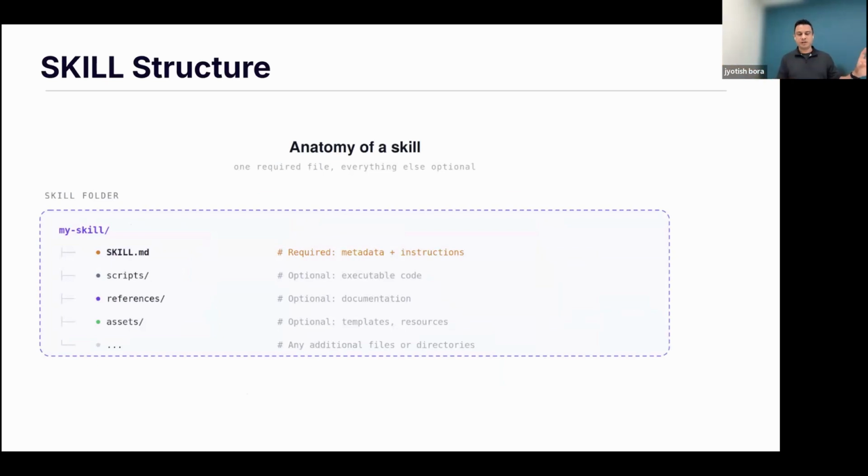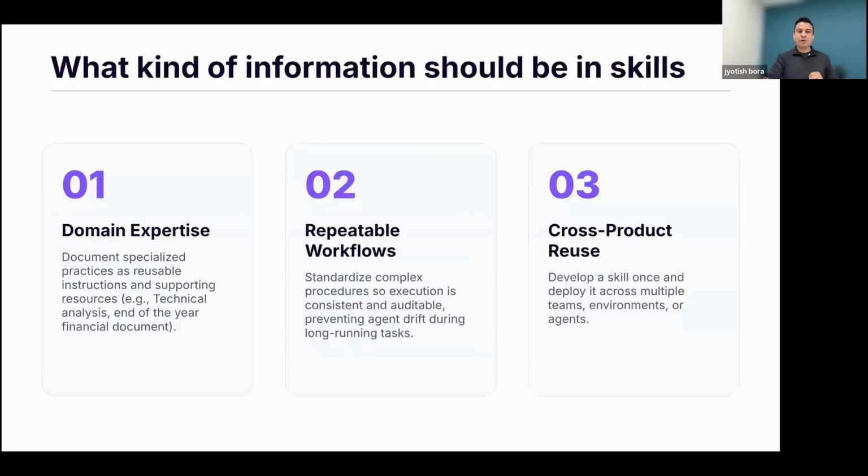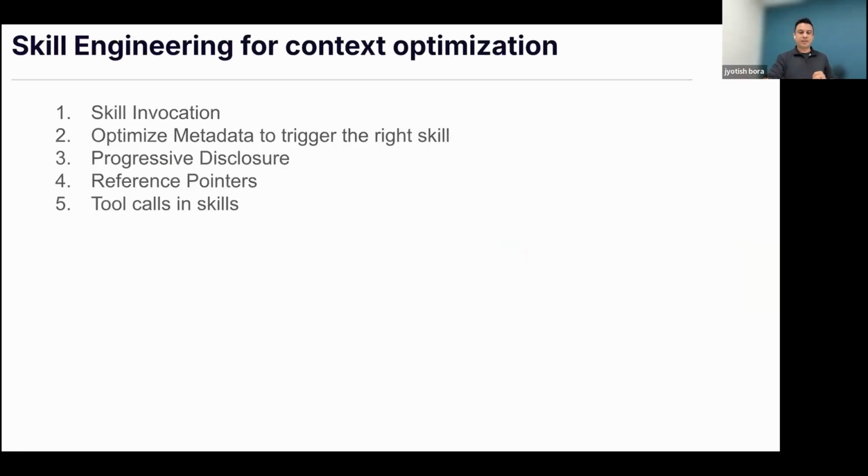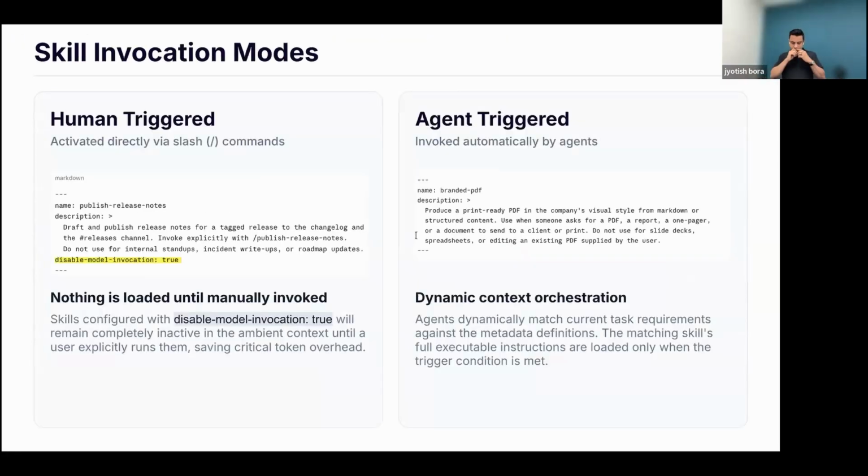If you remember, at the start I was talking about two kinds of context: LLM context and agent context. Skill is a part of the agent context, but when the agent is doing all these things, it needs to figure out what part of the skill needs to be sent, because it cannot send all the information. It can, but that's a bad design of the skill. So it's very important how you design the skill so that the agent is very clear about what to invoke and what to send at what point.